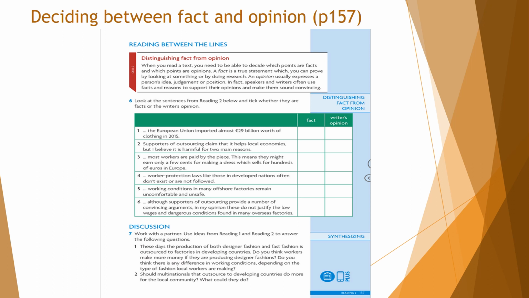The European Union imported almost 29 billion euros worth of clothing in 2015. Right, so is that a fact or is that an opinion? The answer is fact. Okay, that is something that you could prove. You could go on the internet, you could go somewhere and find that information. It's a fact.